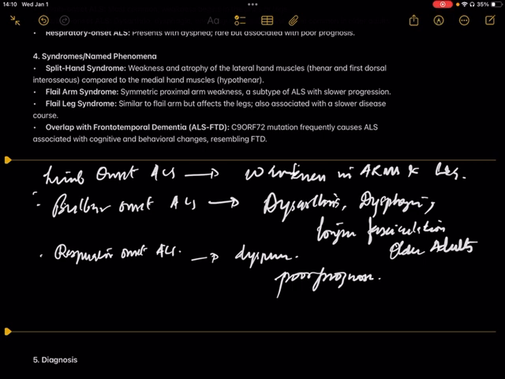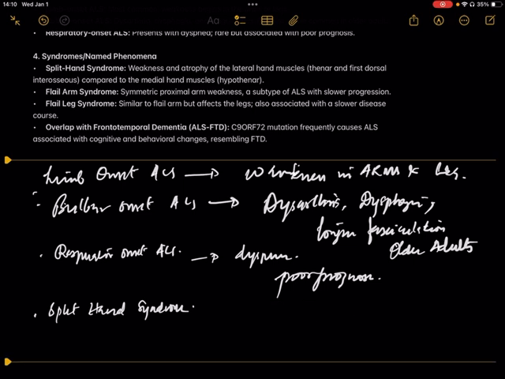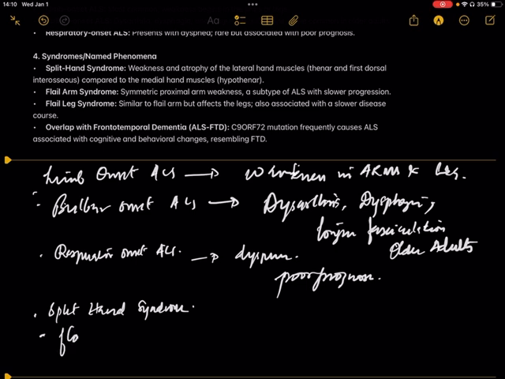Syndromes or named phenomena associated with ALS are split hand syndrome, which is weakness and atrophy of the lateral hand muscles, thenar and first dorsal interosseous, compared to the medial hand muscles. The second one is flail arm syndrome, which is symmetric proximal arm weakness, a subtype of ALS with slower progression.